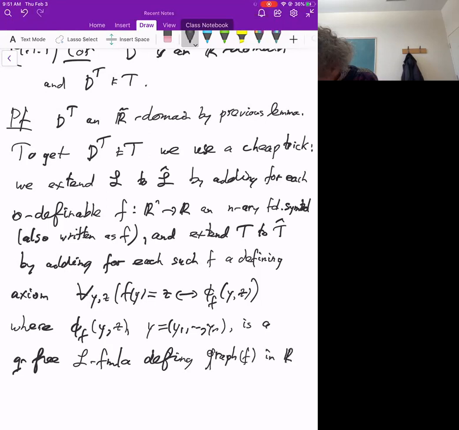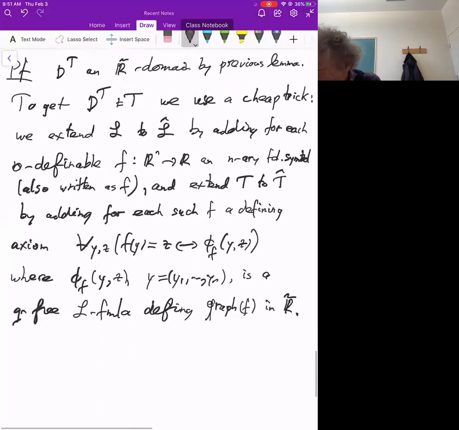This is almost too silly for words, perhaps, but this is what we often do: we just extend the language and the theory in an innocuous way, but the point is that then this new T hat axiomatizes a universal theory.